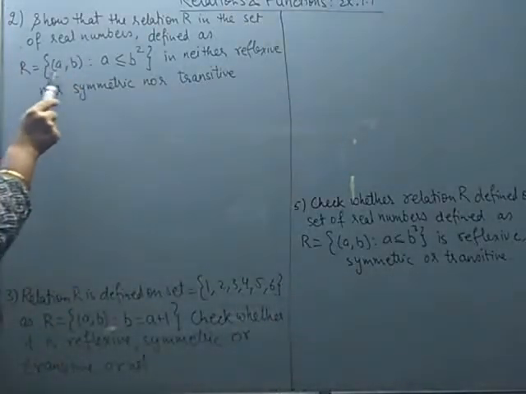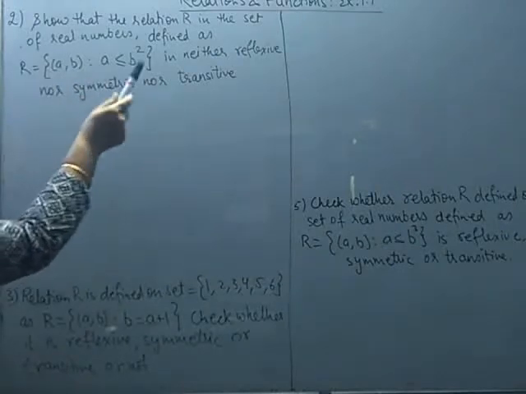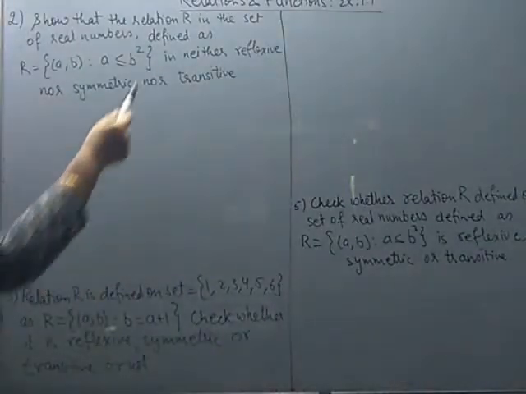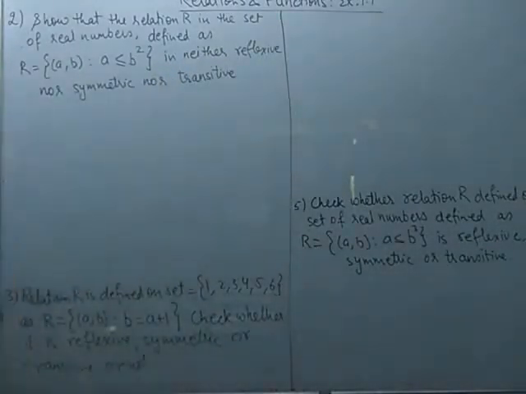So if I list these kind of ordered pairs where the elements are real numbers, we have to check whether they will be reflexive, symmetric. They are saying you show it is neither reflexive nor symmetric nor transitive. See, if I need to show it is not reflexive, it can be done by just giving one example and justifying our result.